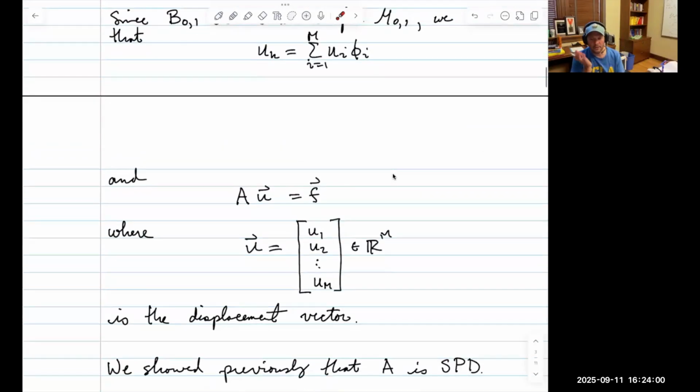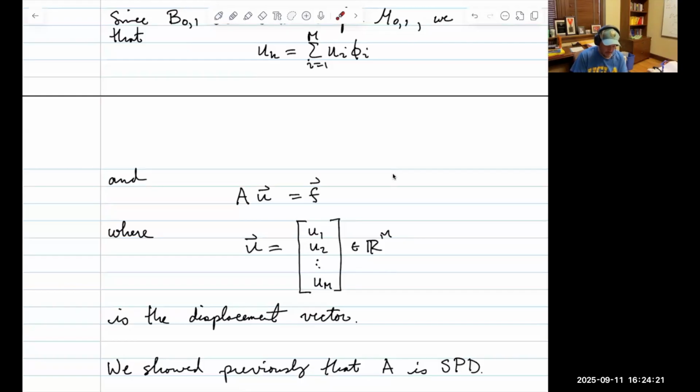Now this is all by way of review because we've done this before, but in the generic setting. So I'm looking for this vector u, which has as its components the coefficients of the unique basis expansion for my Galerkin approximation u_h.